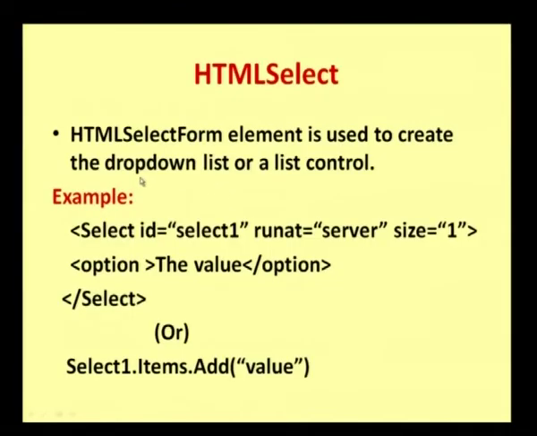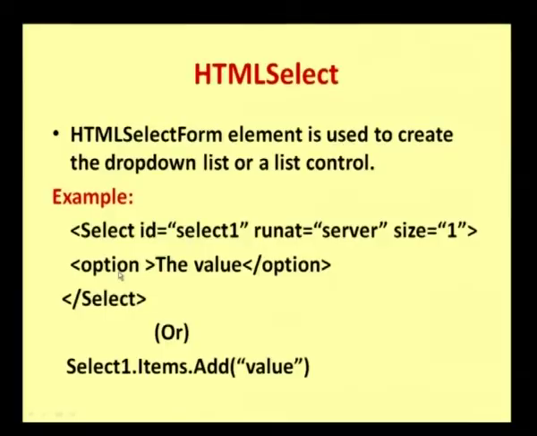The HTML select will create a drop-down list or a list control, and the syntax here is the select tag. As usual, we have to give the name of the HTML select control as select1, the name specified by the user, runat equal to server, and the size of the list. This is used to specify the list and the items to be displayed.